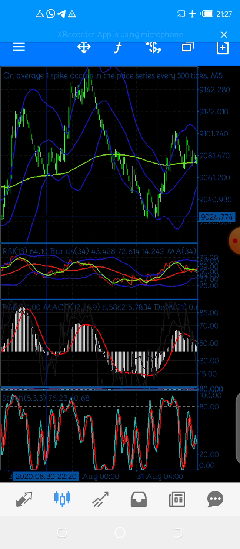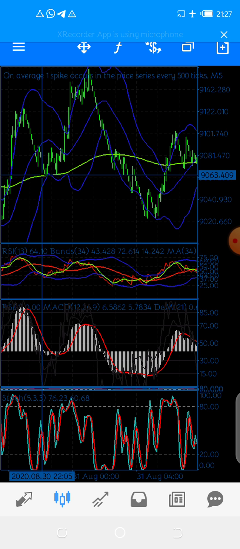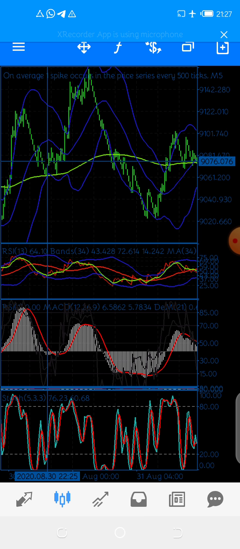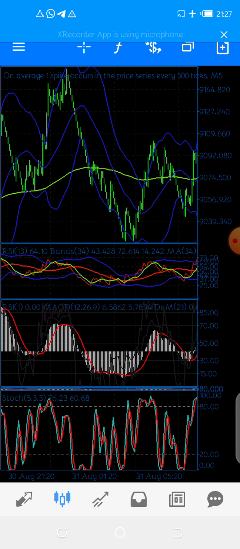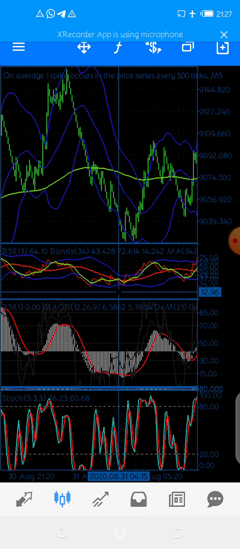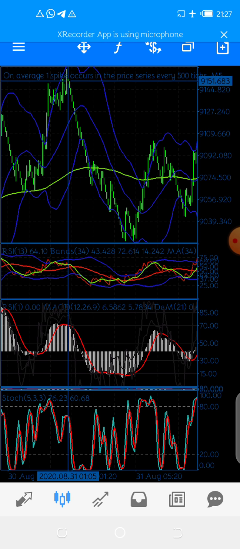Our Bollinger Band down here could have been a signal, but for me it was 50-50. I wouldn't have really taken that as a serious one. This here coming down is a bit of a risky one.